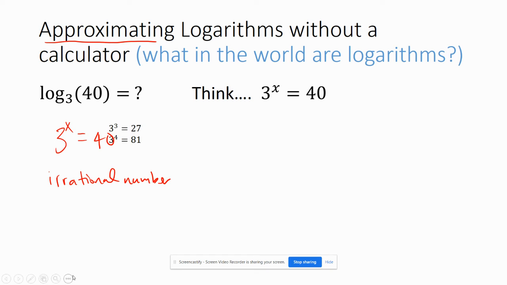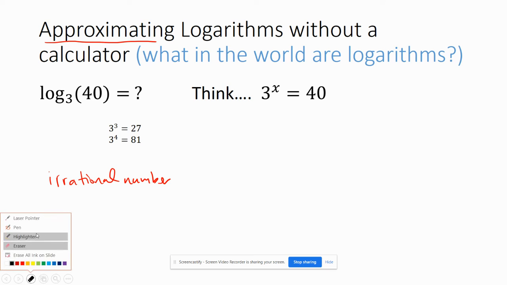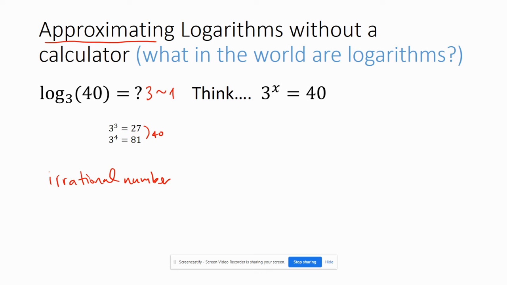So we have to come up with powers that we actually know, like this. 3 cubed is 27, and 3 to the 4th is 81. So all we really can do here is say 40 is in between there. So this value must be somewhere between 3 and 4. 3 point something.